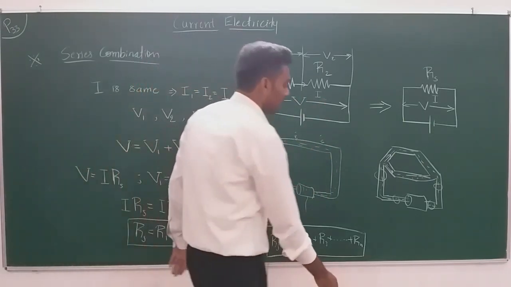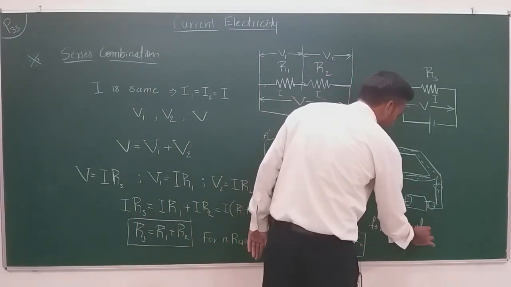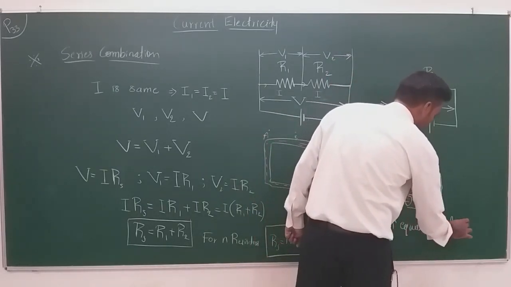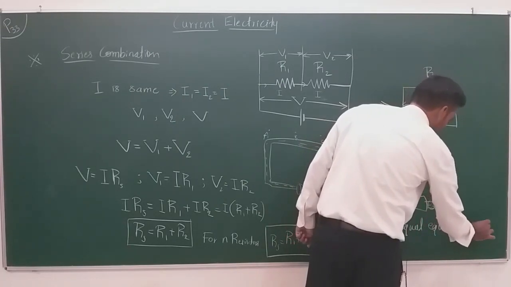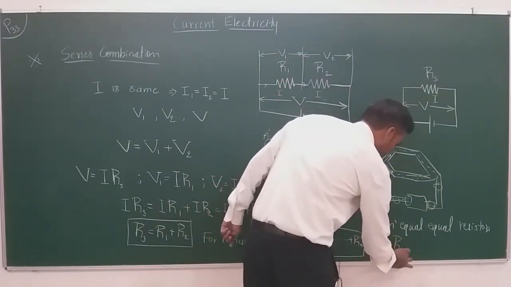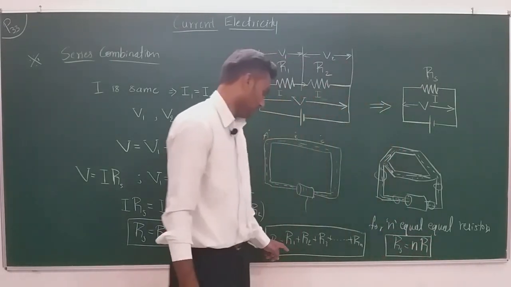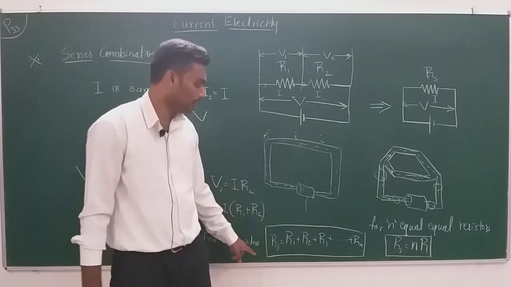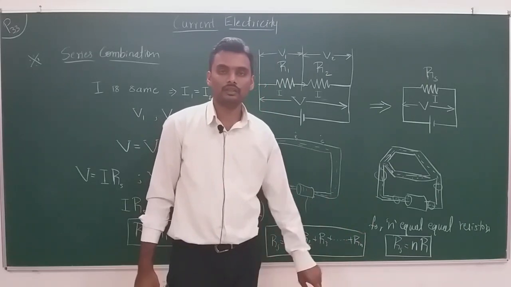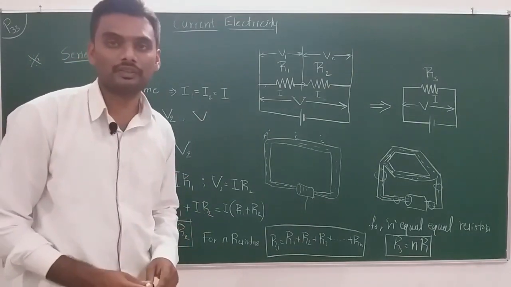In that situation, for n equal resistors connected in series, Rs is equal to nR, because you have all n resistors the same. So it is 1R plus 2R plus 3R plus so on nR. Clear with this? So this is about the series combination of resistors.